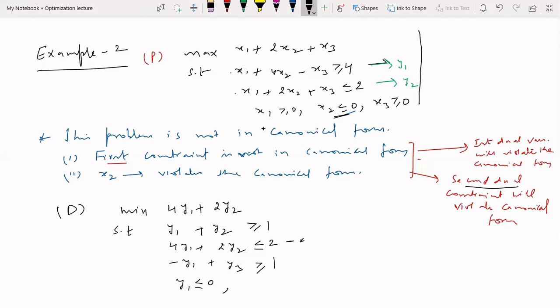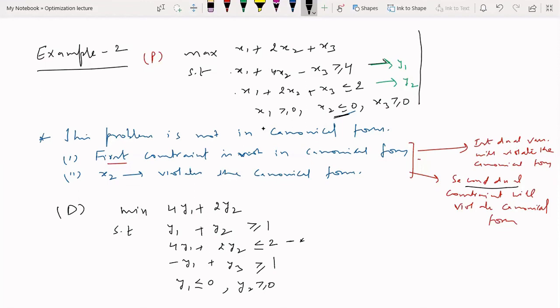Similarly, because the second constraint is in canonical form, my second variable will be in canonical form. So this is directly the dual of the given problem. The violations at the constraints and variables are reflected in the variables and constraints of the dual.